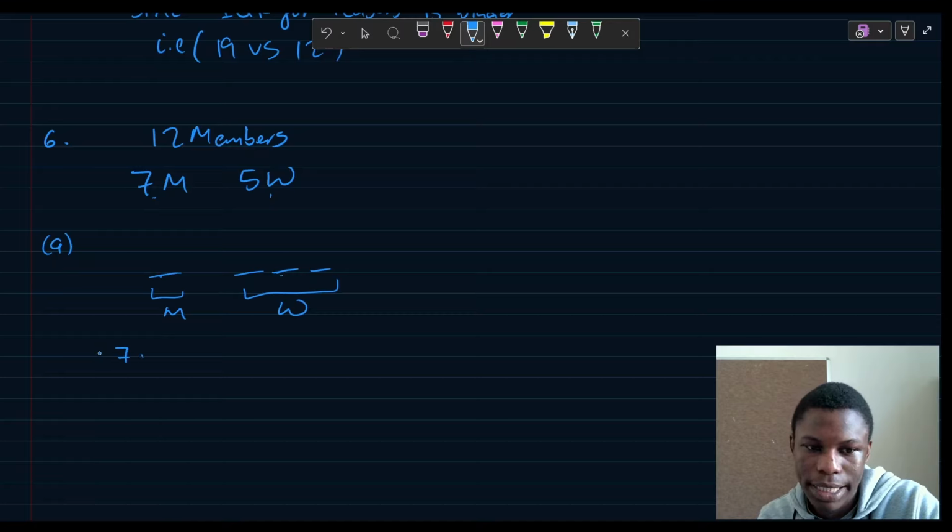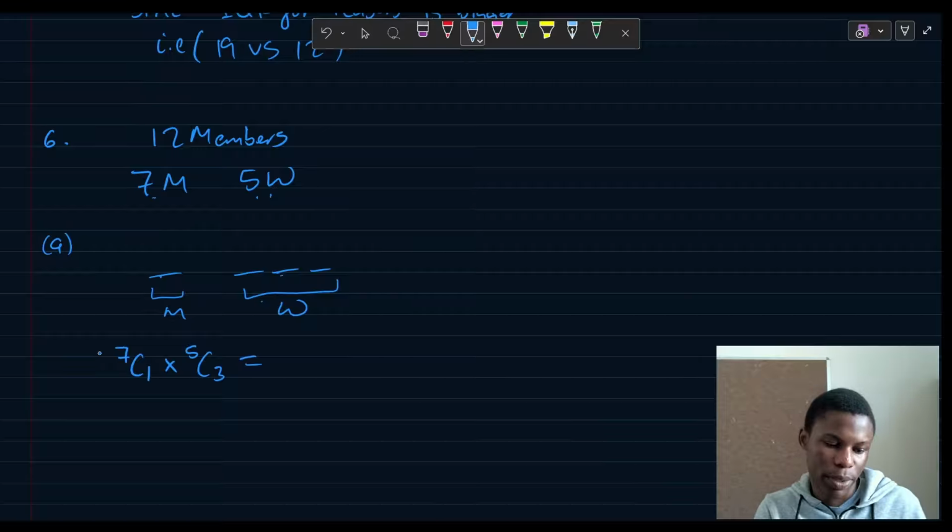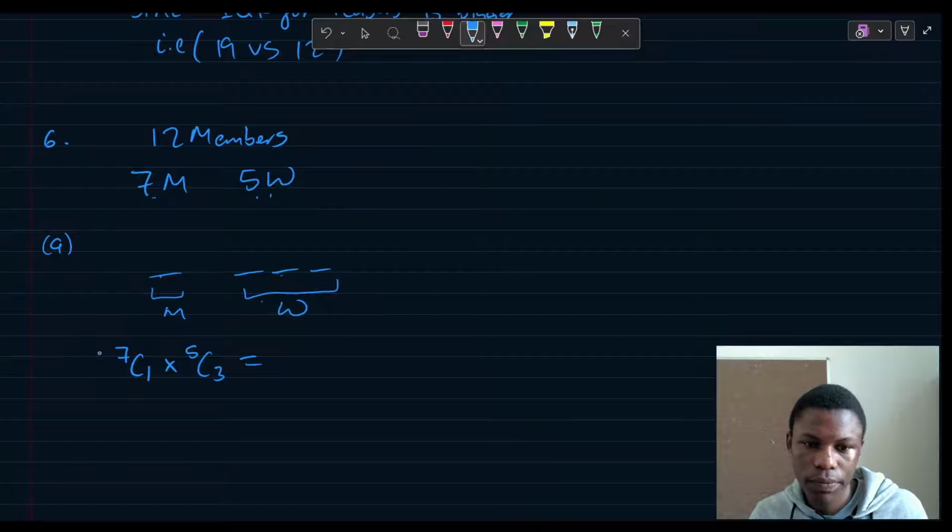So that is 7 choose 1 man and 5 choose 3 women. This is the total number of different ways in which we can pick a team of 4 consisting of 1 man and 3 women. So that would give us 70, right?